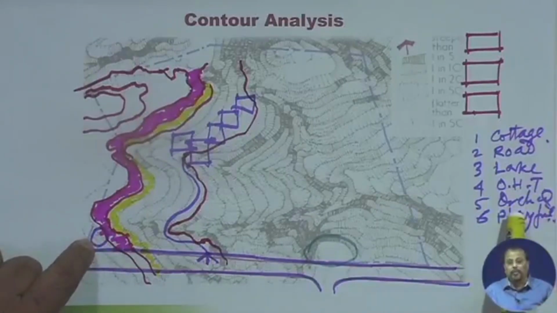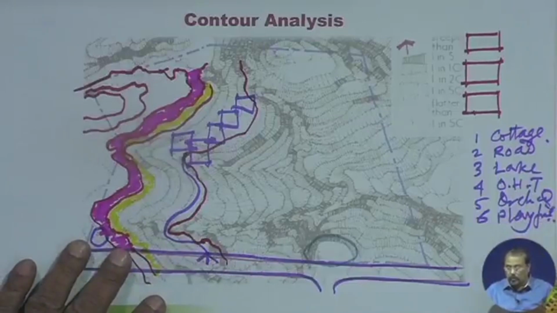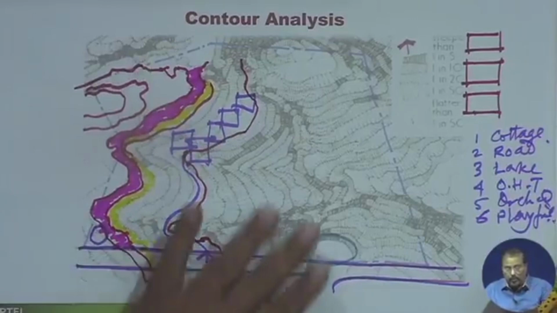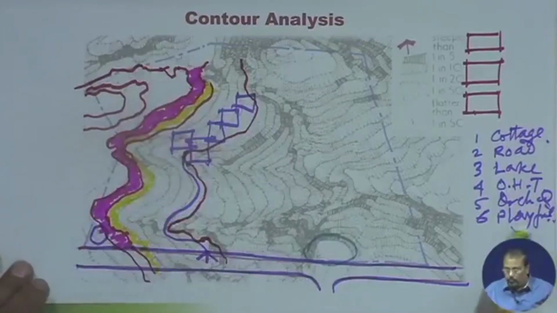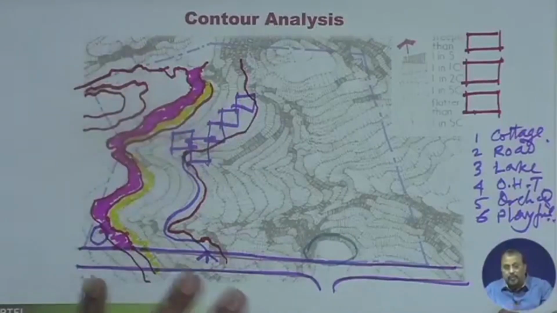The orchards can be anywhere. It does not become very critical in terms of its contours. It may be critical in terms of slope, but may not be for contour. So it can be anywhere where you think can be done. The playfield, when you are placing, you will try to find out which area has the maximum amount of the same plane.